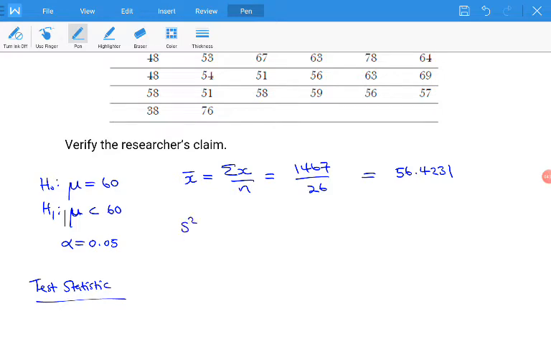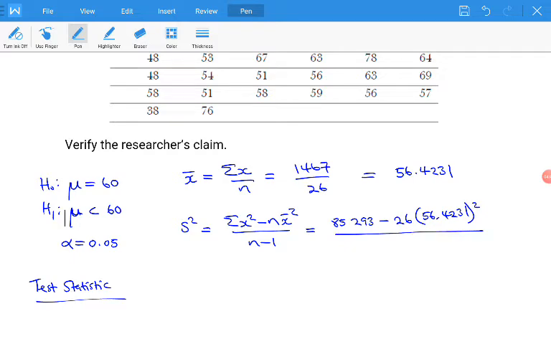We go on to calculate the standard deviation. We start with the variance. So variance is equal to summation x squared minus n x bar squared over n minus 1. So this is equal to 85,293 minus 26 times 56.4231 squared all over 26 minus 1.